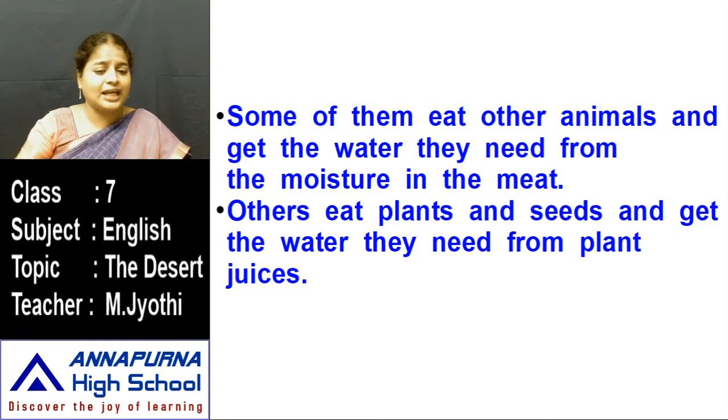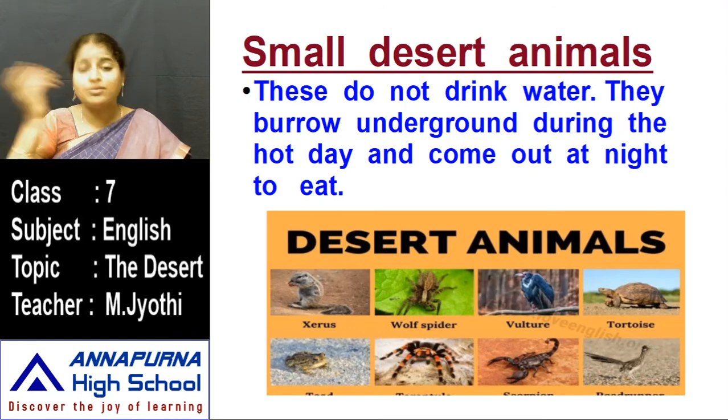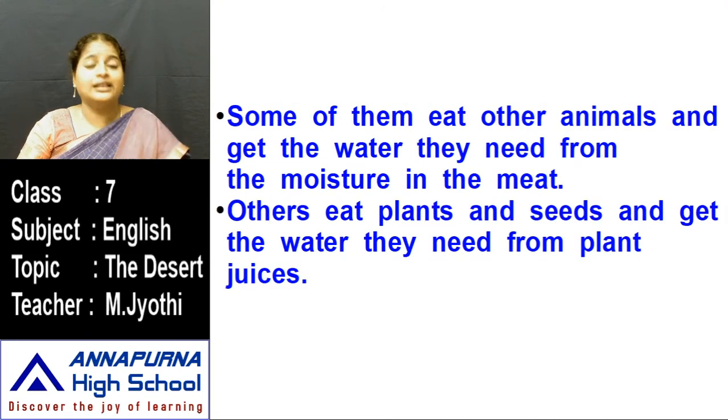I showed you the desert animals, children. In the morning they stay under the ground, under the sand, in burrows. At night they come out to eat something. In order to get water, they eat other animals and get water from their meat. Some animals eat plants and seeds, so they get juices from the plants and get water.